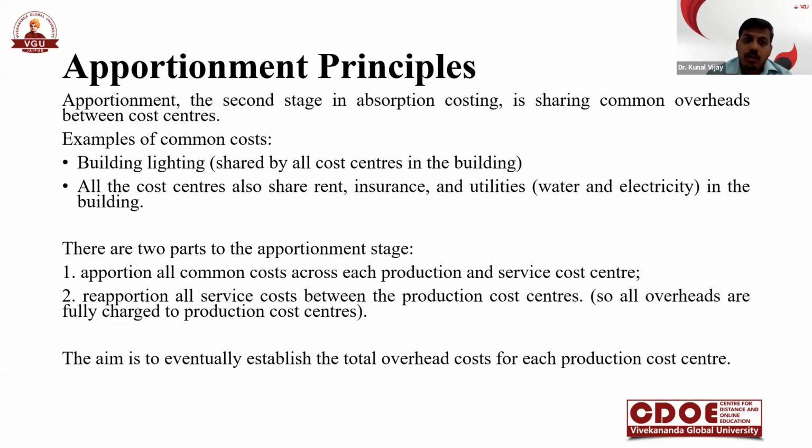Examples of common cost: building, lighting, shared by all cost centers in the building, and also rent, insurance, utilities. There are two parts to the apportionment stage. First, apportion all common costs across each production and service cost center.